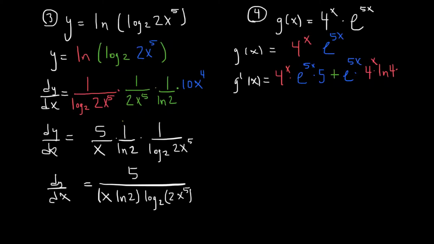But the power is just x, not a function of x, so it doesn't need a chain rule, but if you wanted to take it anyway, it'd be times 1.